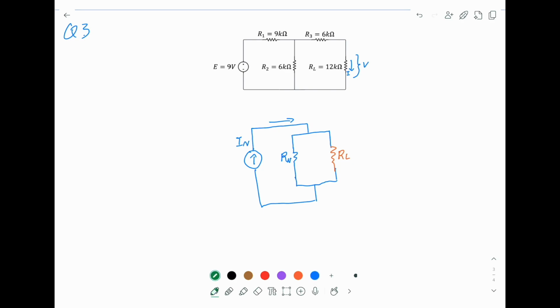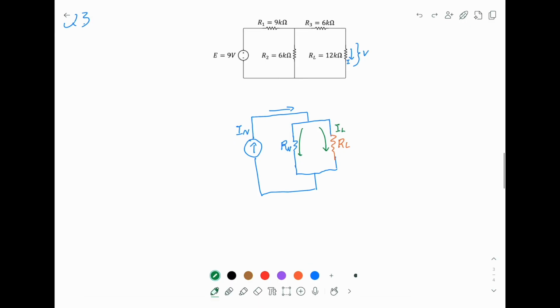So all we need is to find the current I passing through RL, and then use Ohm's law to find the voltage. What we need to find, of course, is IN and RN.